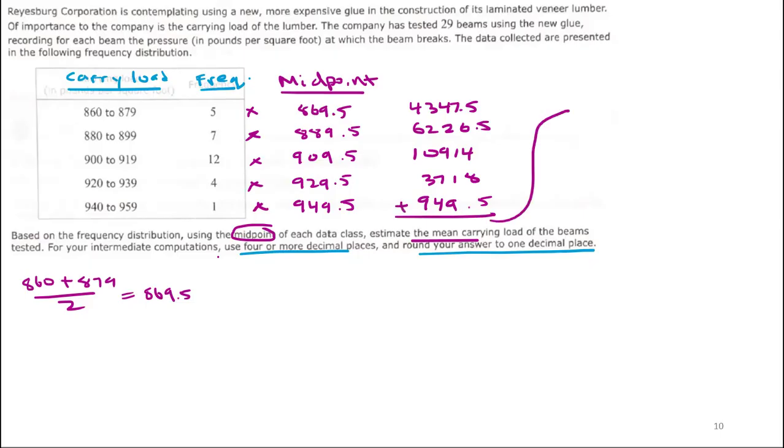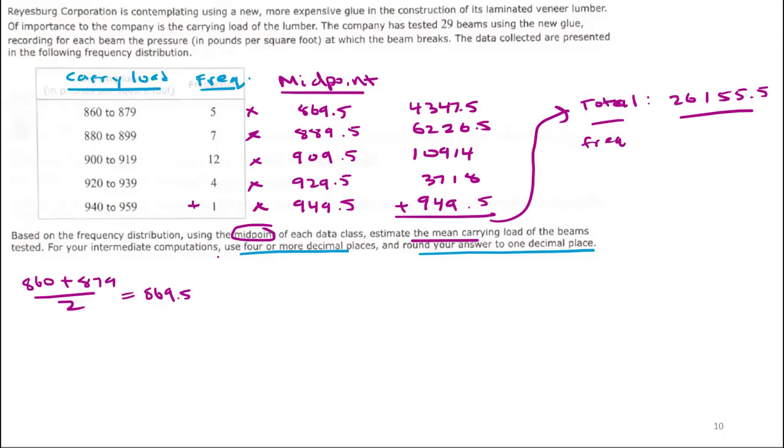Okay. All right. So then the total here, okay, that's going to give us 26155.5. Okay. And then we're going to divide that by the total number of frequency.